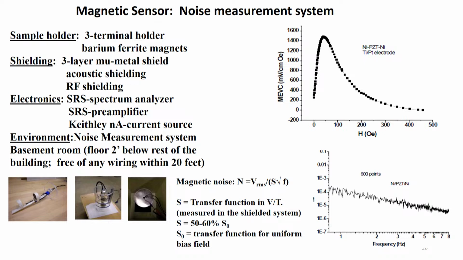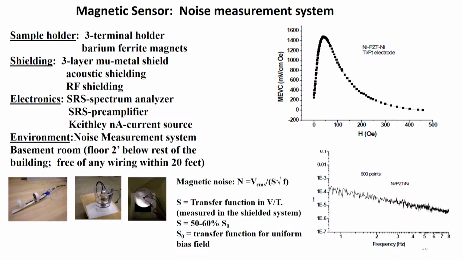It is the transfer function, that is the sensitivity of the composite, how much signal it will produce for a given applied field. So, the field is in Tesla and then per square root of frequency.